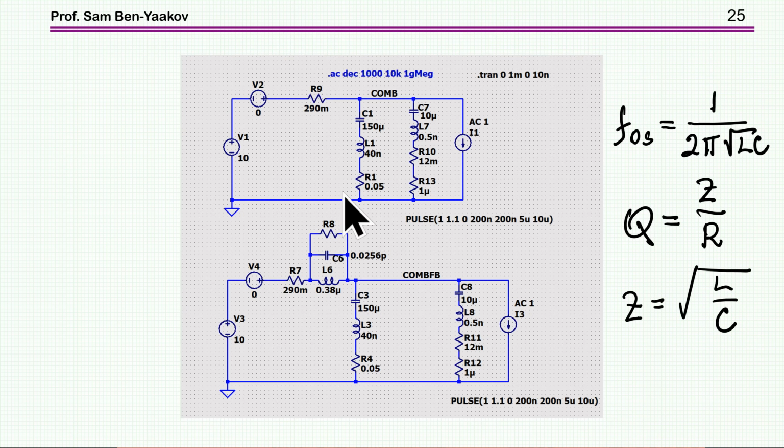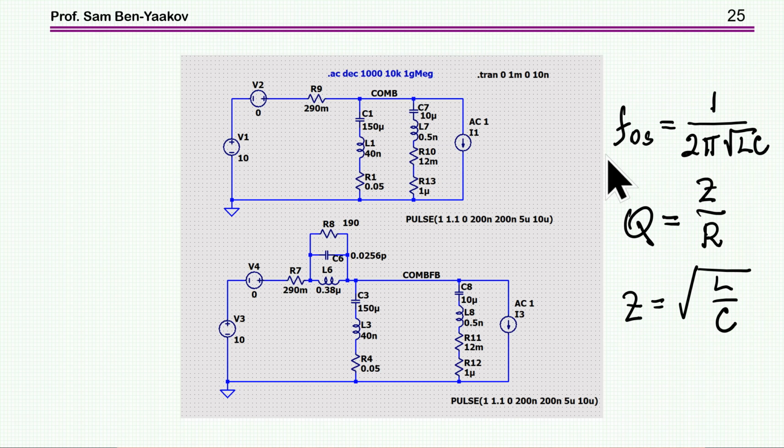So now I'm going to try something else, and that is to replace the 0.1 microfarad by a 10 microfarad capacitor. Now, what is the idea behind it? First of all, the frequency of oscillation will be much lower because now the capacitor is larger, and with the given inductance, with a larger capacitor, the frequency of oscillation will be lower.